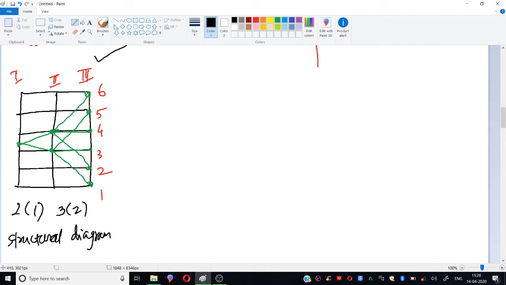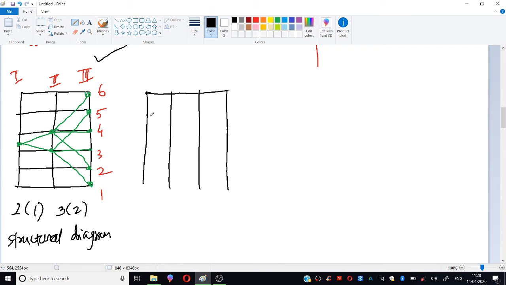Already we have determined that we are going to draw 7 horizontal lines and 4 vertical lines. So we will draw the same one. Now this is 1 2 3 4. So there are 4 vertical lines and 7 horizontal lines, 1 2 3 4 5 6 and 7.